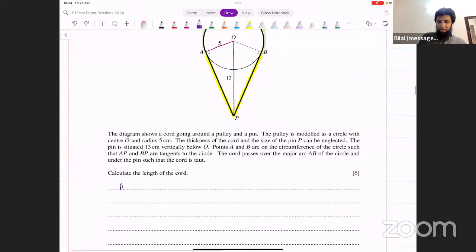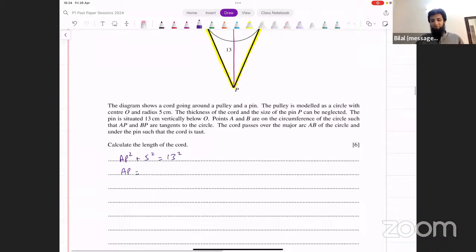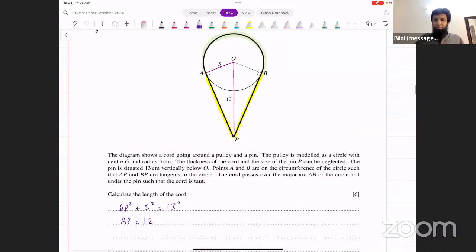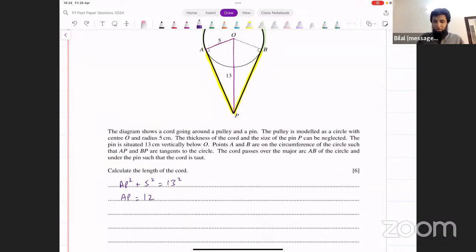And we can say AP squared plus 5 squared equals 13 squared. And that will give you the length AP. 169 minus 25 is 144, that will be 12. AP equals 12. And BP, therefore, is also going to be 12. It's a congruent triangle. BP is also 12.